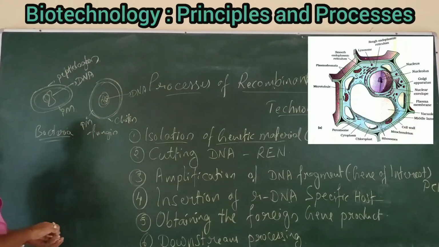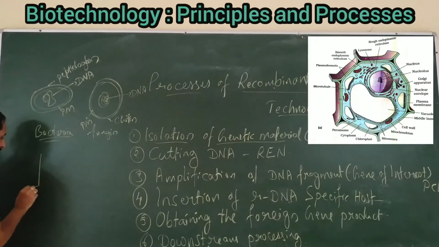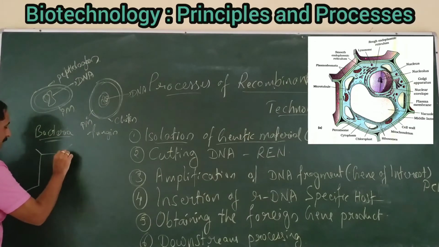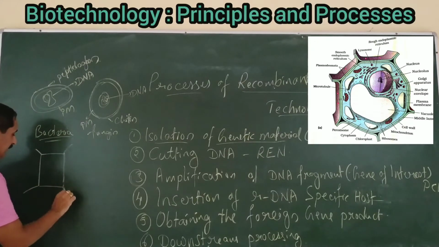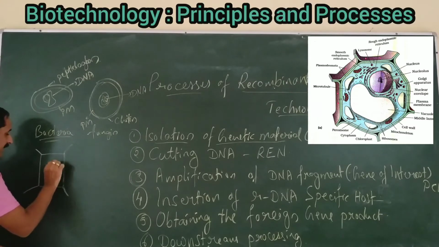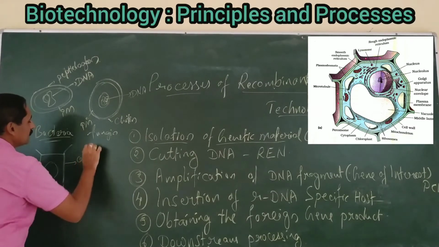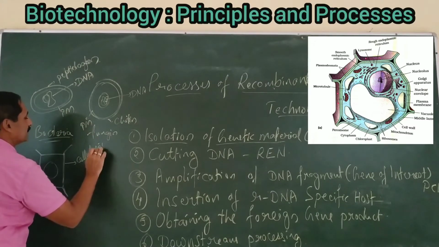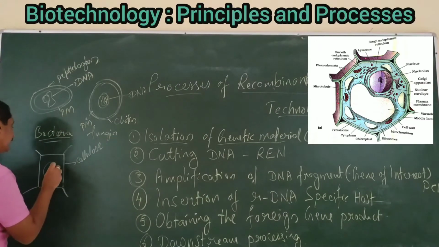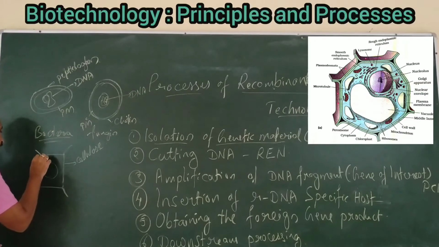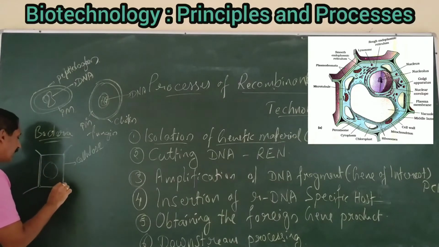But in a plant cell, we can see a cell wall made up of cellulose. Cellulose is the wall material. Below this cellulosic cell wall, we can see one more membrane, the plasma membrane.